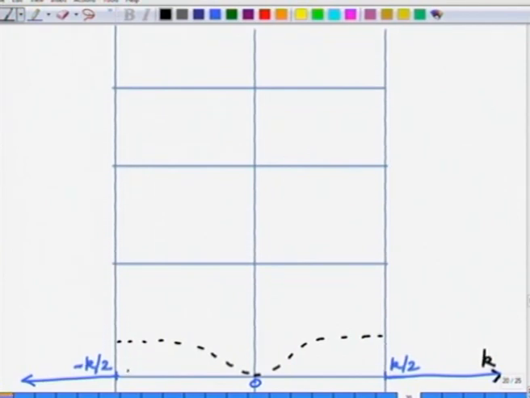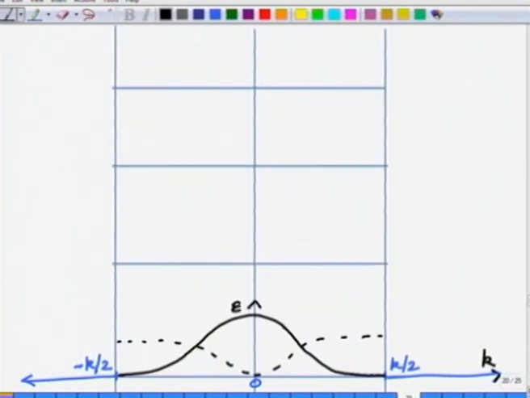So, on top of this I am going to draw the other form of it also, which is an inverted shape. It has a shape like this, two shapes of energy. So, I am plotting the energy right here.